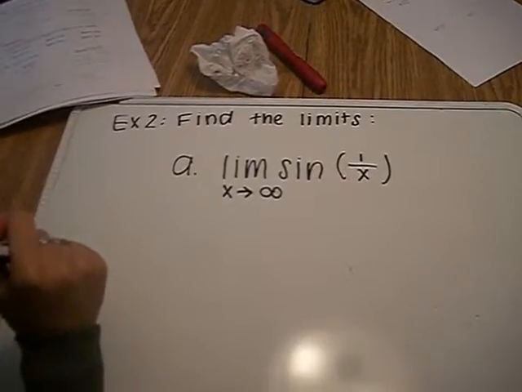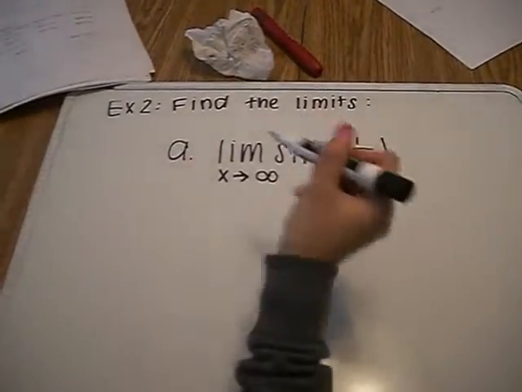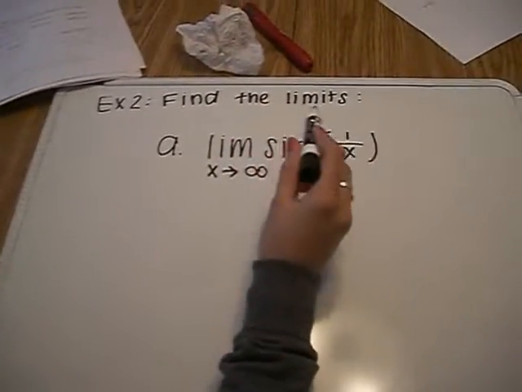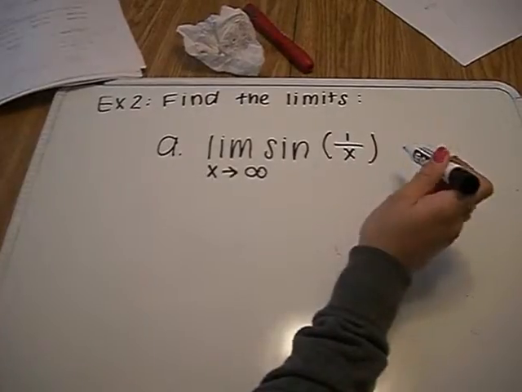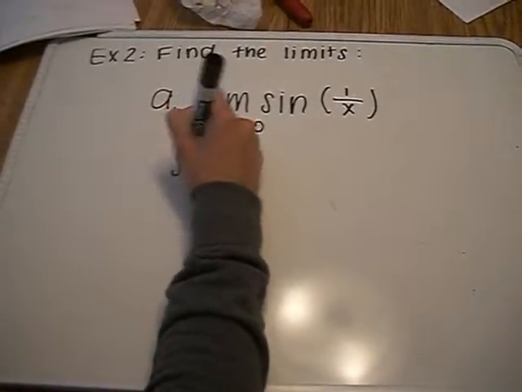In case you don't understand what that theorem meant, we're just going to jump right into a problem. So the first example problem is the limit as x approaches infinity of sine of 1 over x. From the last theorem, we figured out that we could take sine to the outside.